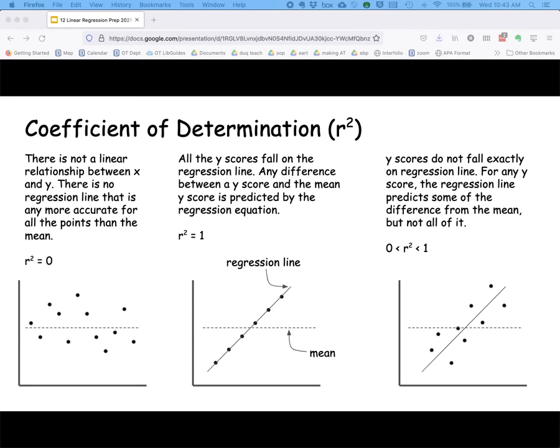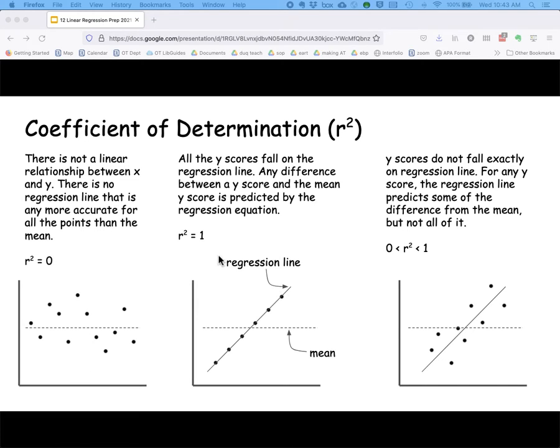The coefficient of determination, r squared, is what tells us how accurately we can predict the outcome from the predictor variable. And if r squared is 0, then there's just no relationship. And you would expect that the average value is going to be your best guess of what the value for outcome for any particular predictor value is.